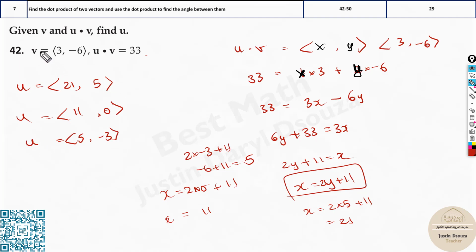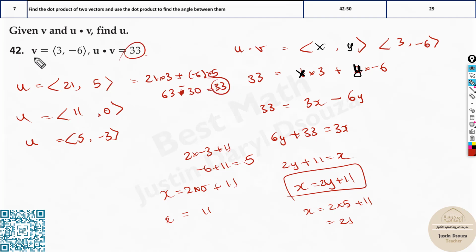Let me prove this. Why? Because u dot v, let's do the dot product. These two multiplied, right? It'll be 21 times 3 plus minus 6 times 5. What is the answer? 21 times 3 is 63. Minus 30 here. The answer is 33. Is it correct?